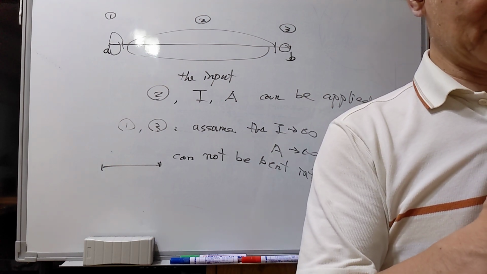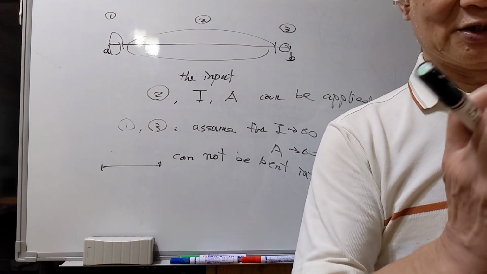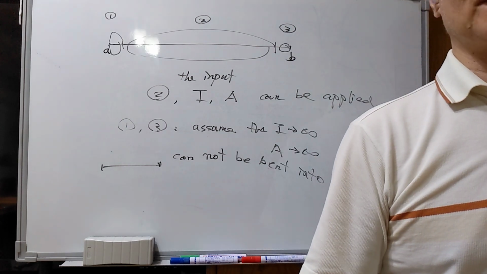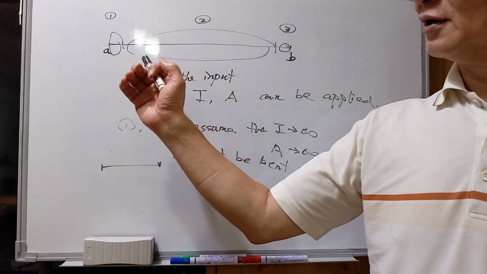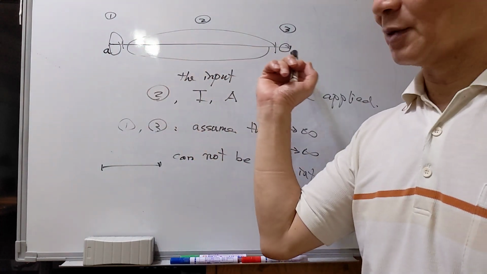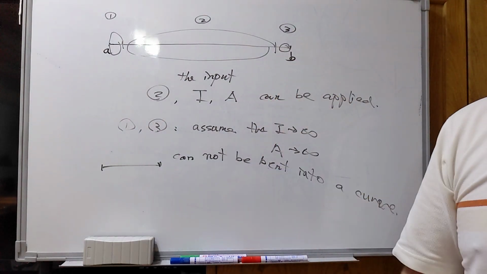It is not possible to apply a bending moment and bend it into a curve. This is also applied to part 3.